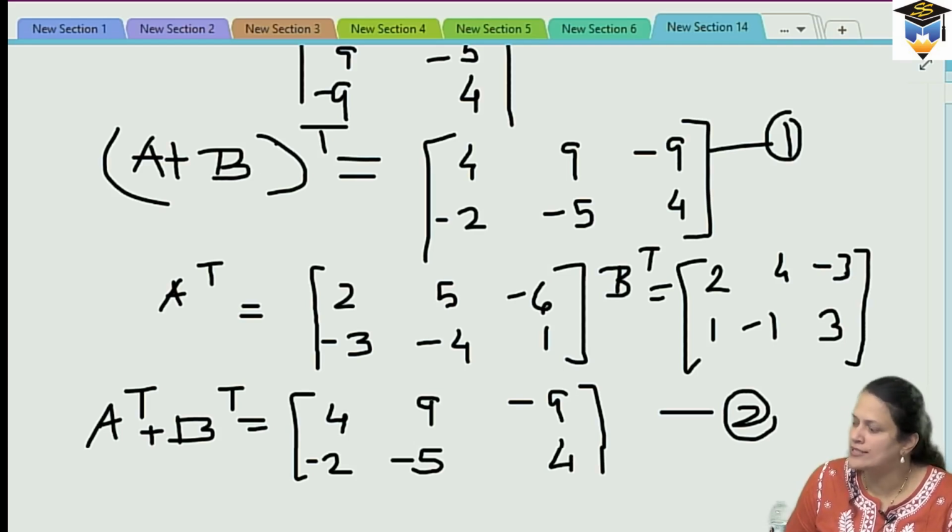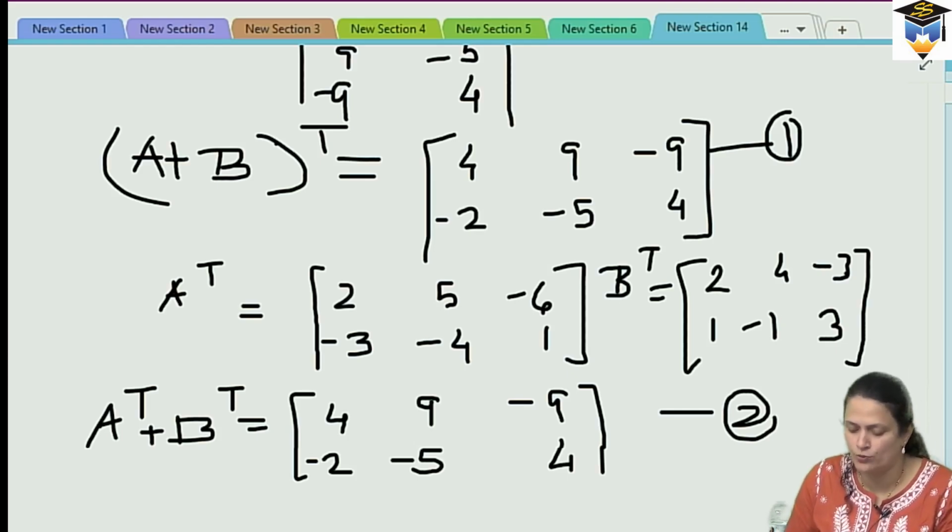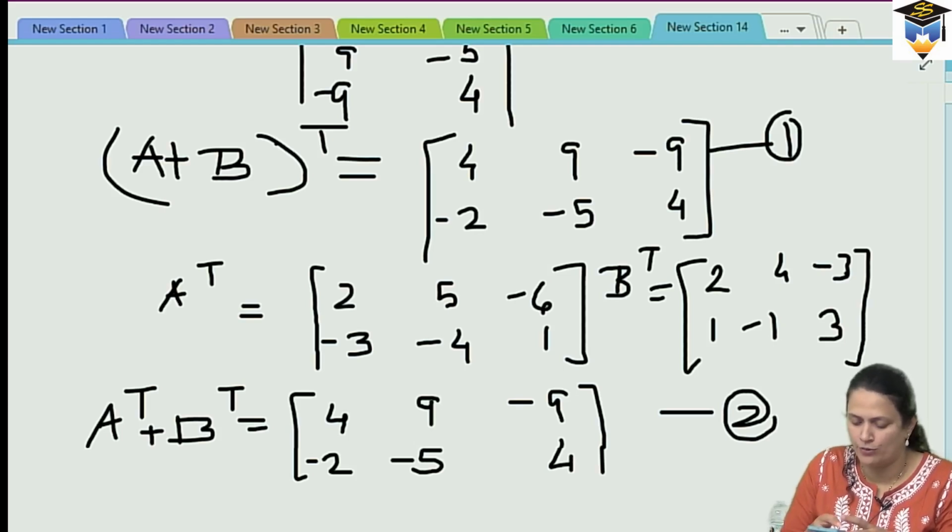Have you understood this sum? Please let me know in the chat box if you have. Also, I am going to send the exercise on the group so that all of you can solve the sums at home. Just give me a minute.